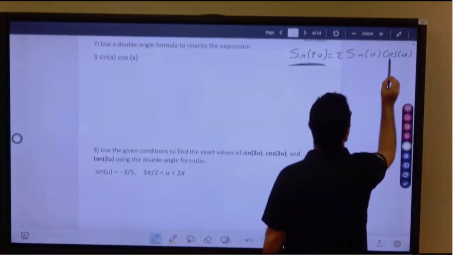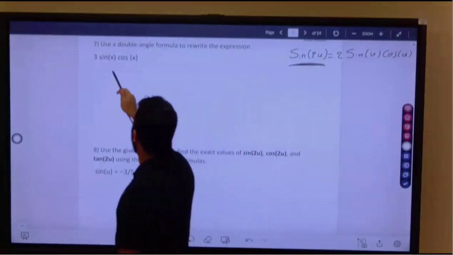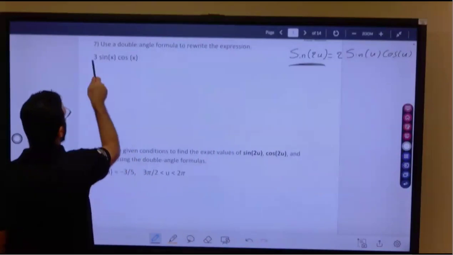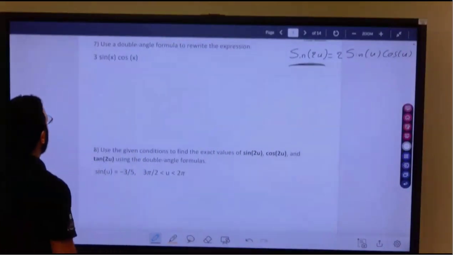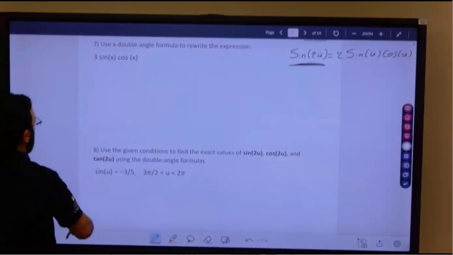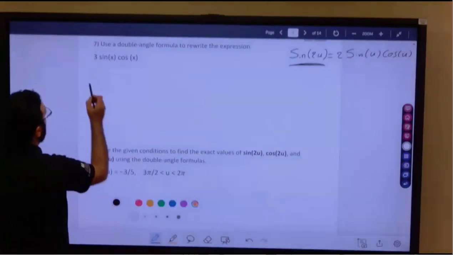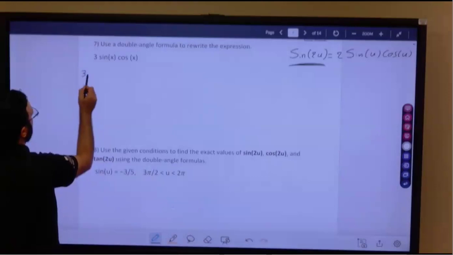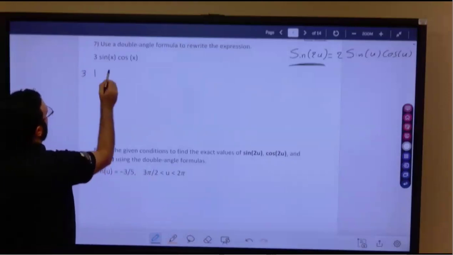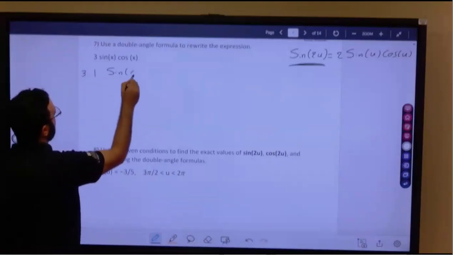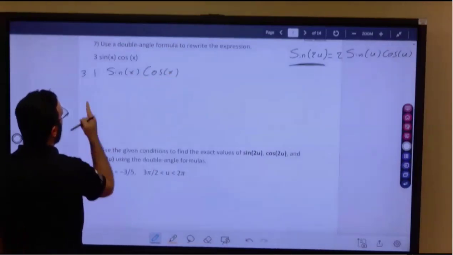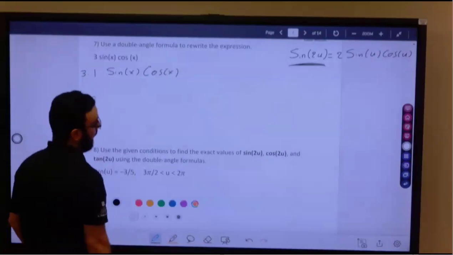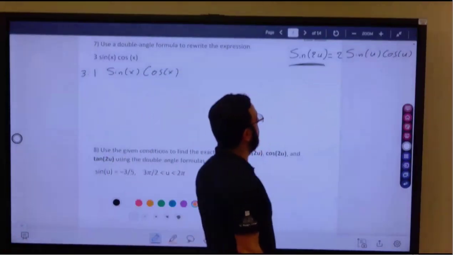I have sine x cosine x, but there is no 2. I have 3. So in this case, what I'm going to do, 3 is the same thing as 3 times 1. And here is sine x cosine x. Now I can say that I'm missing a 2.